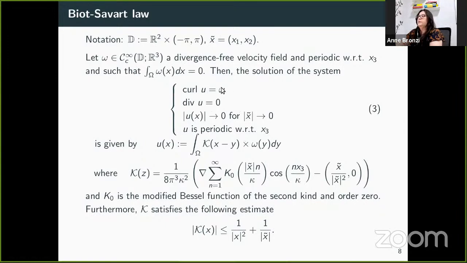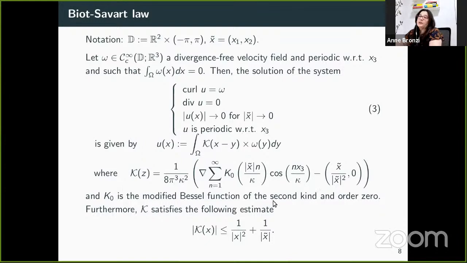This is actually an elliptic system. If you invert this elliptic operator, you can get the representation of u in terms of the vorticity, and the kernel is given by this monster.